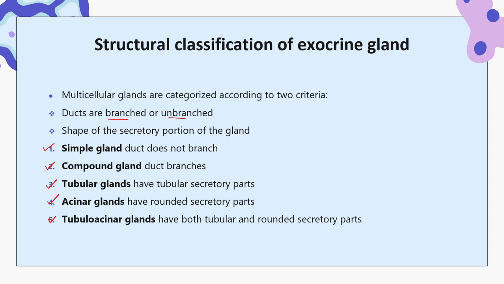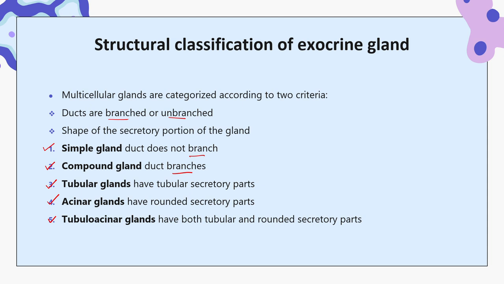Okay, a simple gland does not get branched, a compound gland is branched. Then tubular glands look like tubules, so they have a tubular secretory part. Acinar glands have a round secretory part, and tubulo-acinar have tubular and round secretory parts.